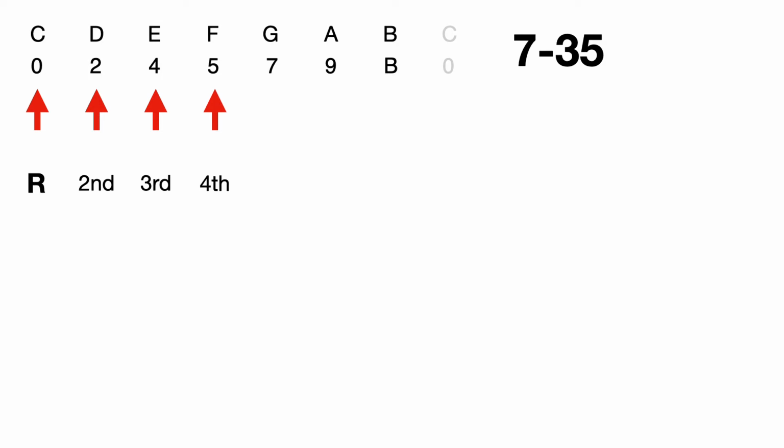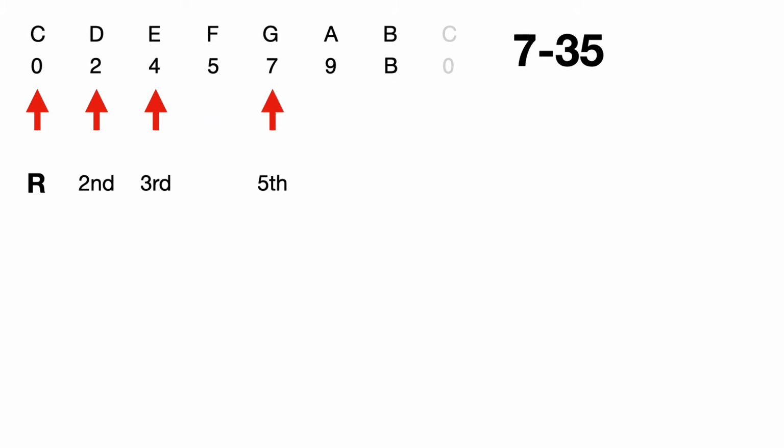But when I'm talking about the root, the second, the third, the fourth, I'm talking about the root of the 7-note scale, the second note, the third note, the fourth note. So these aren't necessarily depicting the specific interval of a second, a third, or a fourth, but just designating the note names from the scale.